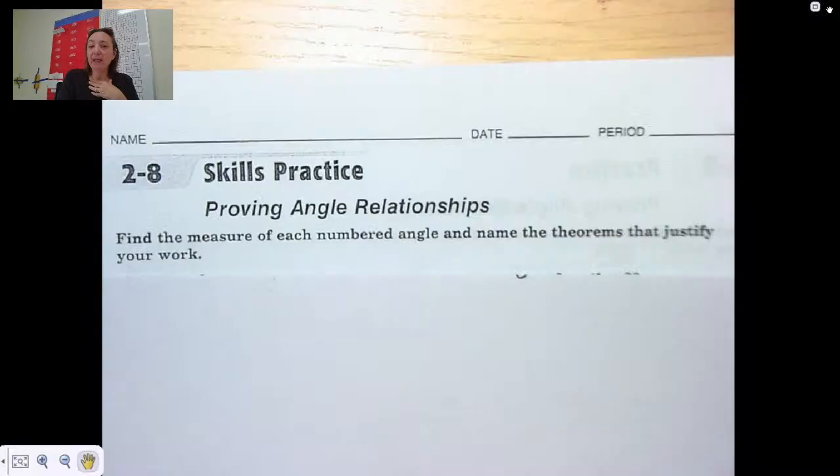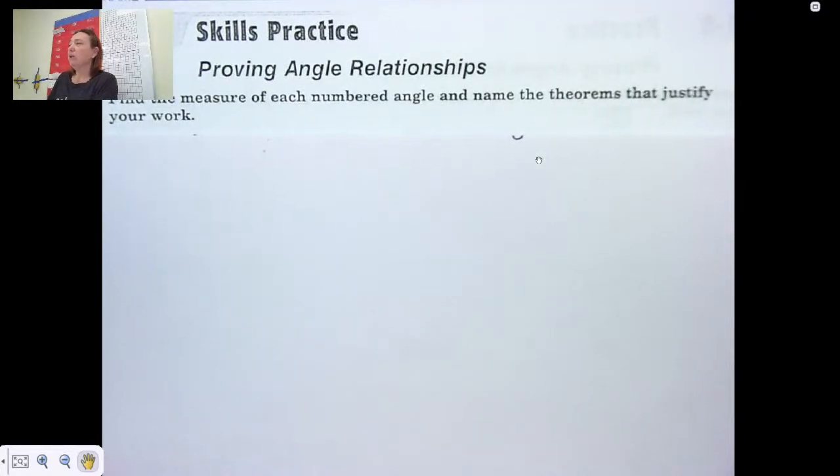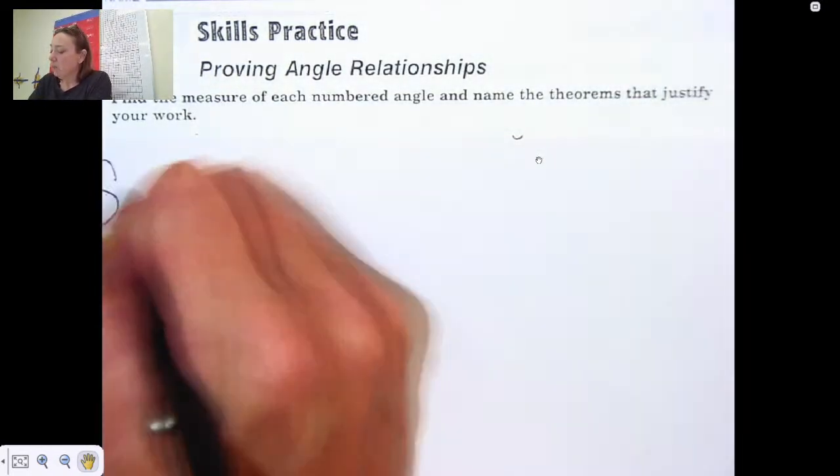So, today, you need to know a few things that we haven't discussed yet. But I think whenever we talk about them, you're going to be like, oh, yeah, that makes sense. So, we have this thing called the supplement theorem.